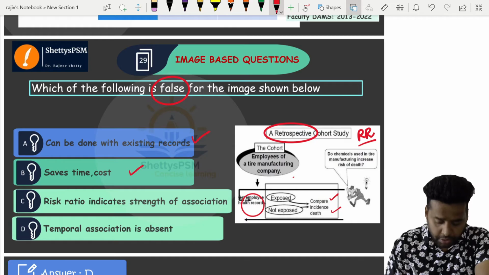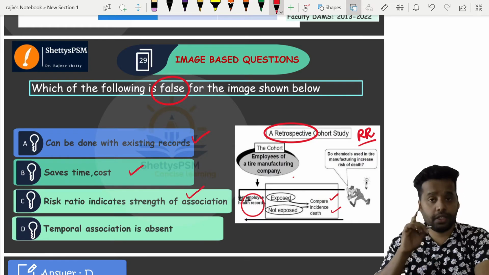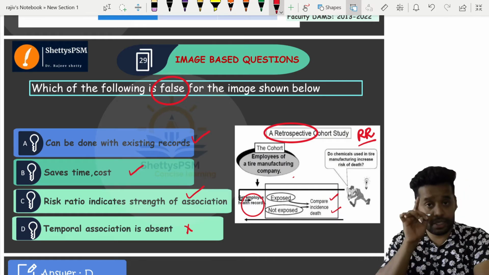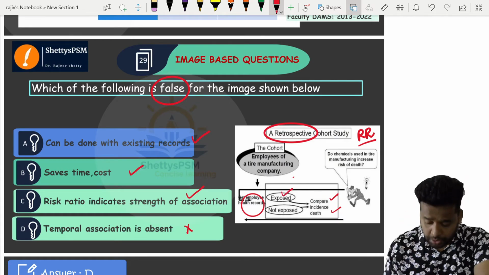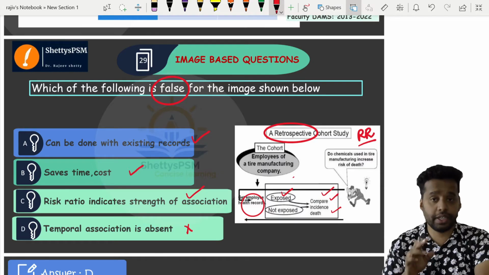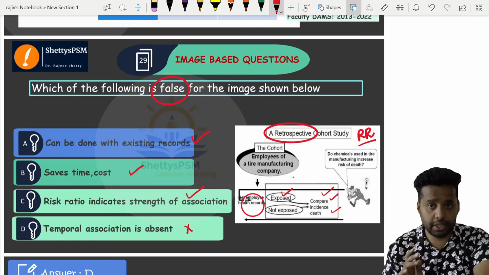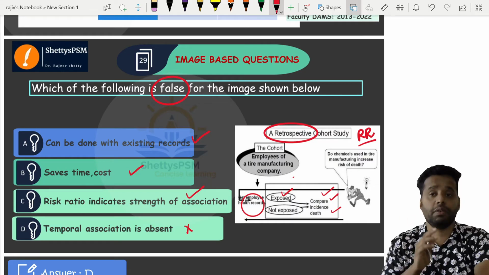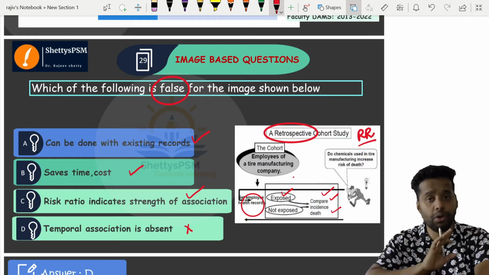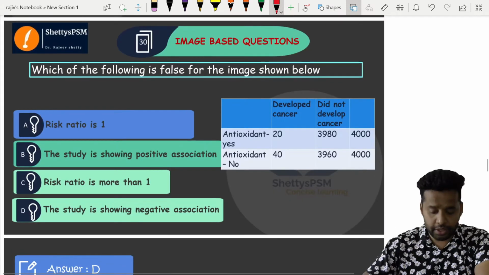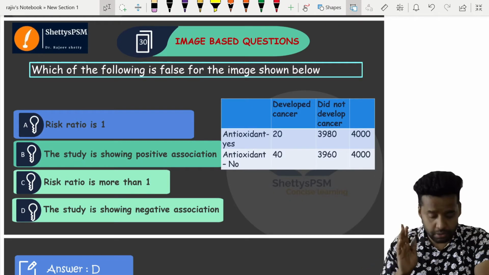Risk ratio indicating strength of association, correct. Temporality is absent? No, there is temporality. Exposure to outcome is what you are checking here, but with the help of records, not a concurrent cohort study. It is a retrospectively done cohort study having all the properties of a cohort: follow-up is done, risk ratio is calculated, temporality is also present.